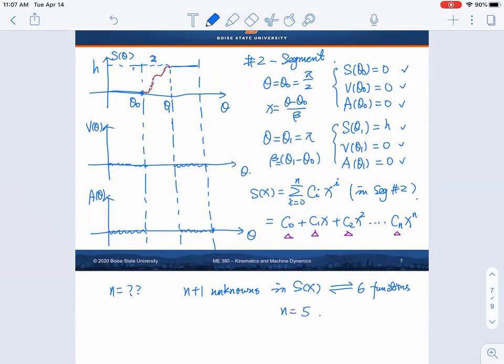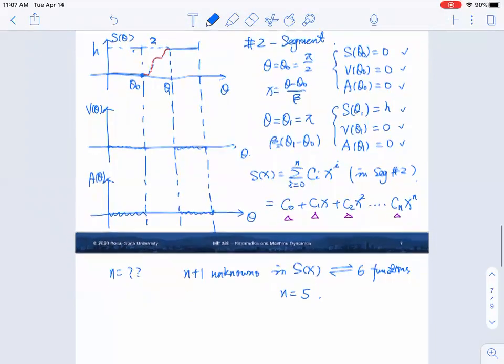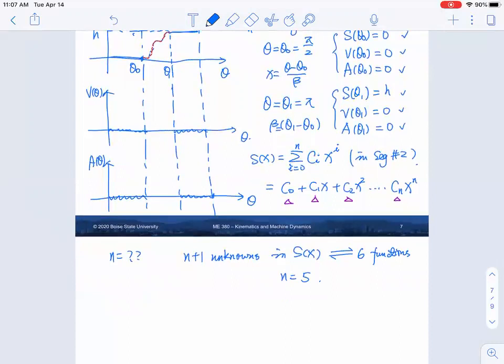Then you have enough equations to solve for these coefficients. All right, so let's see. You have S(x) equal to C naught plus C1 x plus C2 x squared.